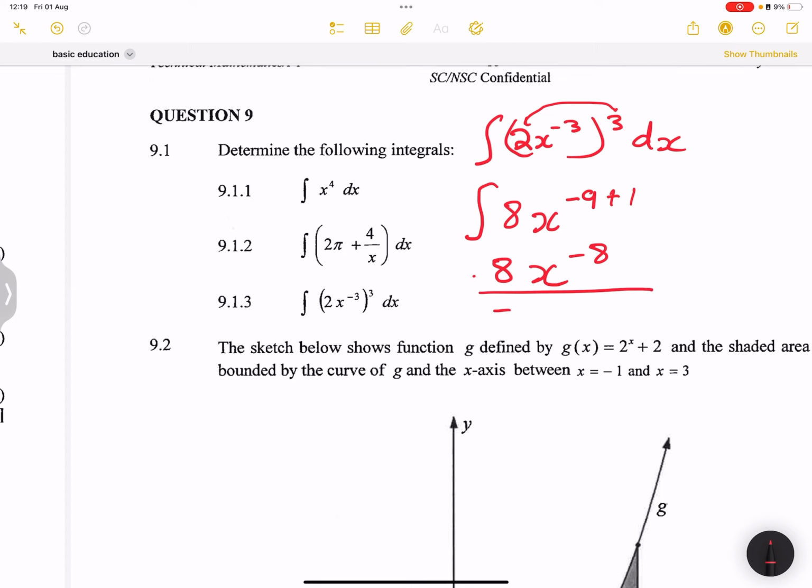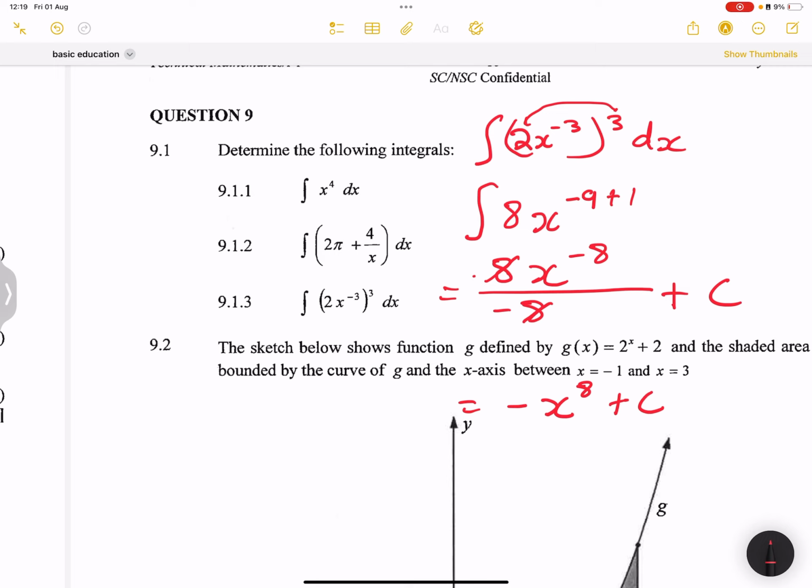And please don't forget to say plus c for your answer. So 8 divided by negative 8 will give us minus 1. So our final answer will be minus x to the power of minus 8 plus c. And that is essentially how the cookie crumbles, ladies and gents.